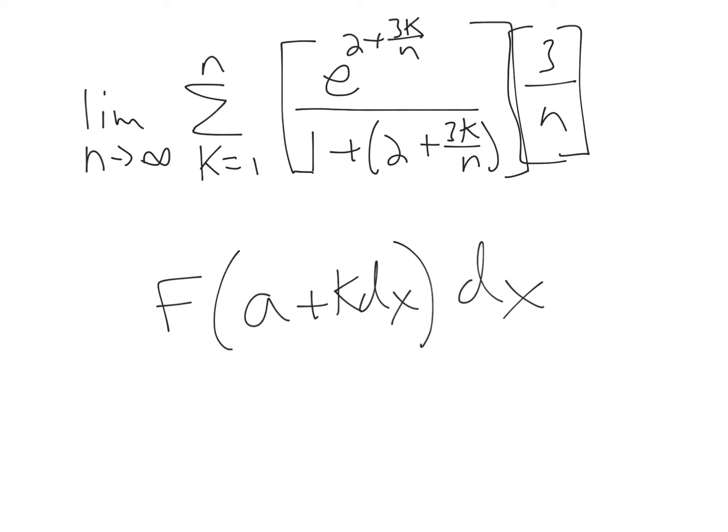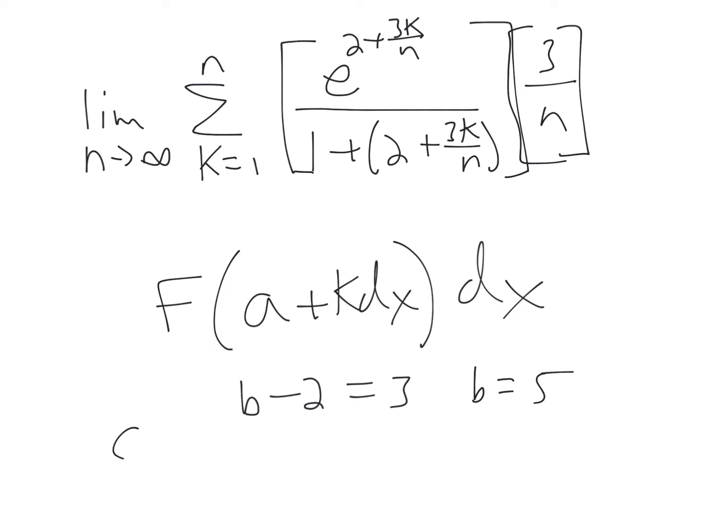If we have this expression written right here, we know that number is a. We don't know what b is, they don't tell me that, but I know that b minus a had better be equal to 3, because that's what the dx is. So won't b be equal to 5?